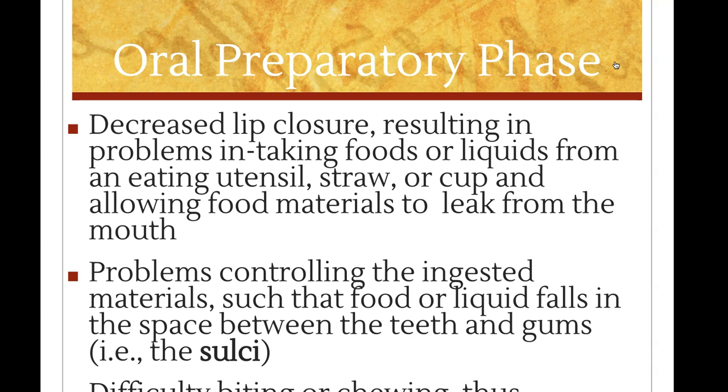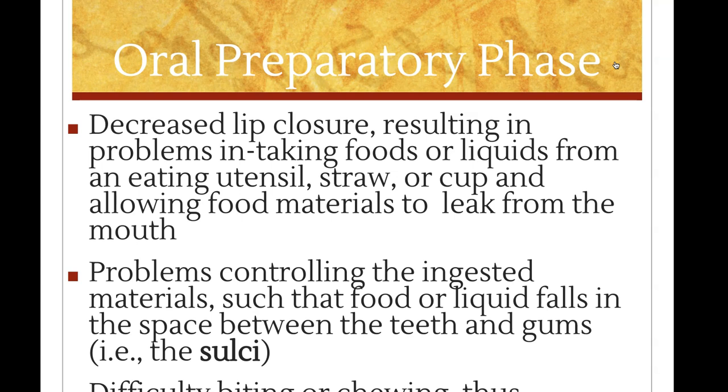Also, problems controlling the ingested materials such that food or liquid falls in the space between the teeth and gums, and that area is called the sulci. So they have a hard time forming that food into a bolus, which we'll talk about in a second too, and then food starts to fall into that area between your teeth and gums, and they might not have the tongue mobility to sweep it out of there.